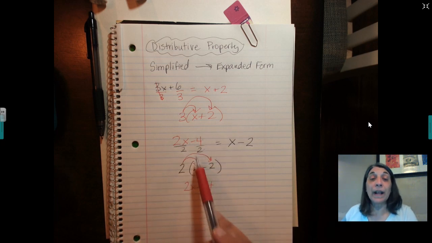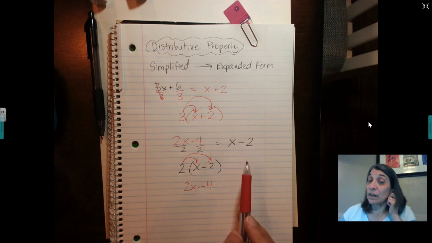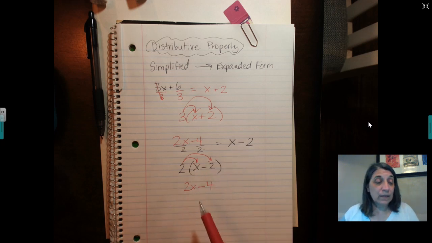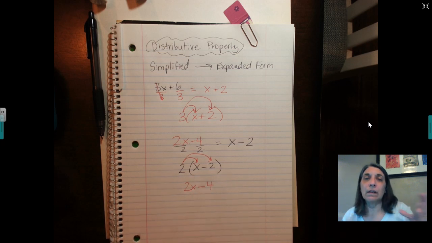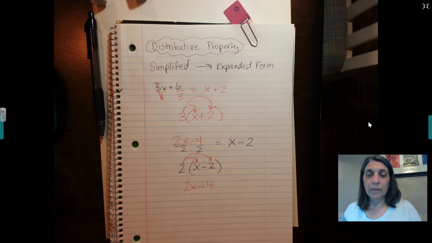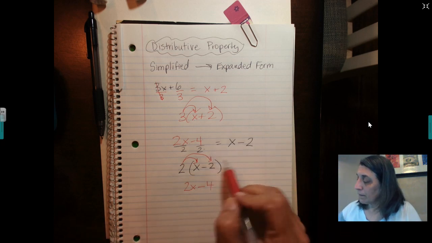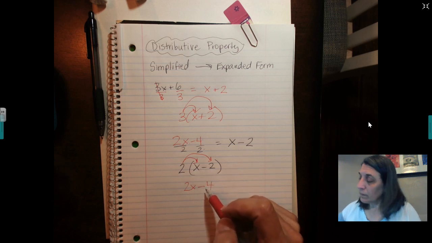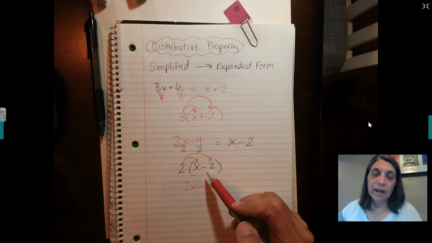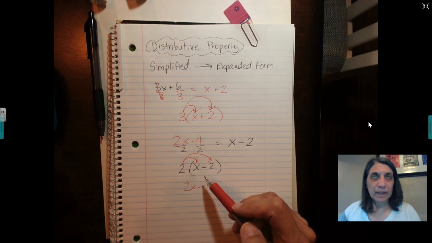But sometimes you're starting out with the more simplified form, and you need to go to an expanded form. You'll see math problems that are asking you to go back out. This would be more of the expanded form, from the simplified form to that original factor form. Not expanded, sorry.